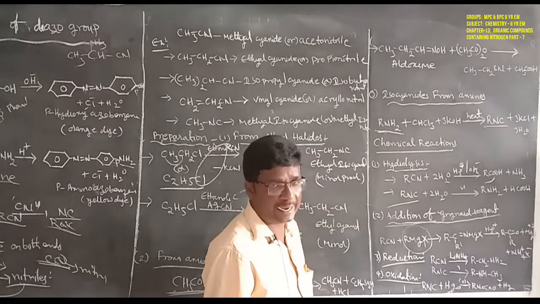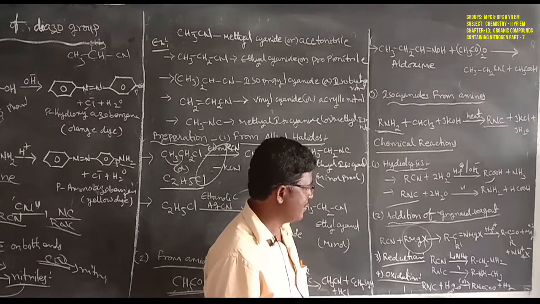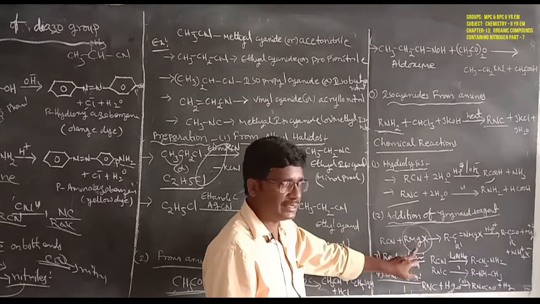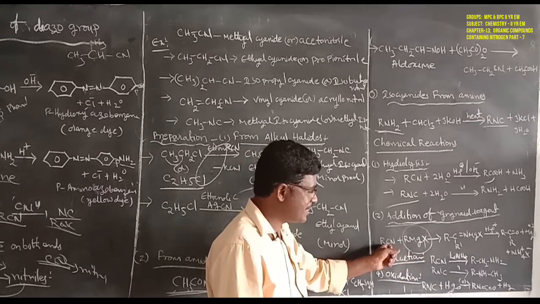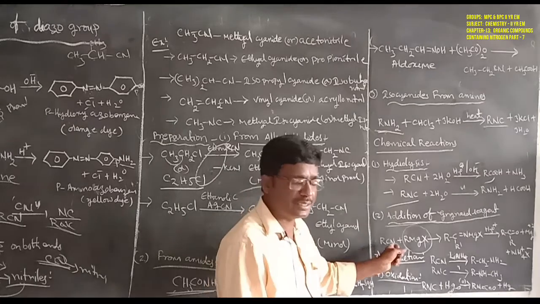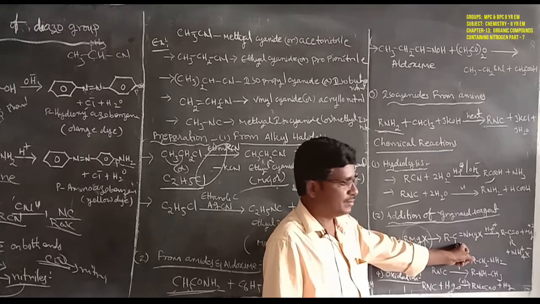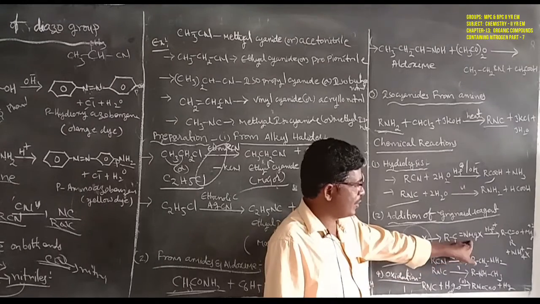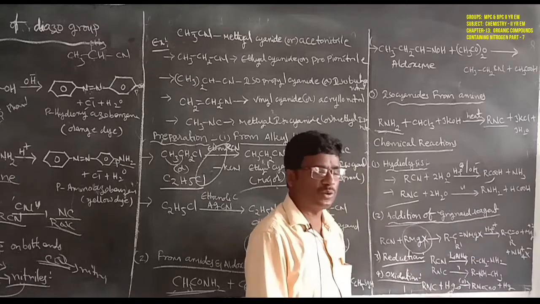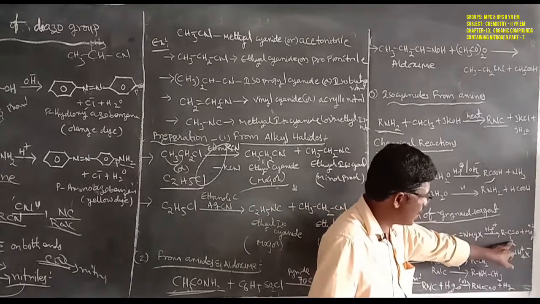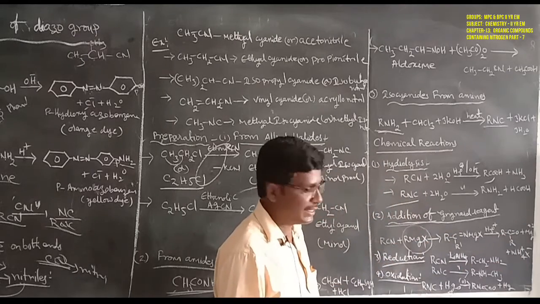Grignard reagent addition with alkyl cyanide forms an intermediate compound. Then it reacts with hydronium ion and forms the ketone, R-C=O-R. That is the addition of Grignard reagent.